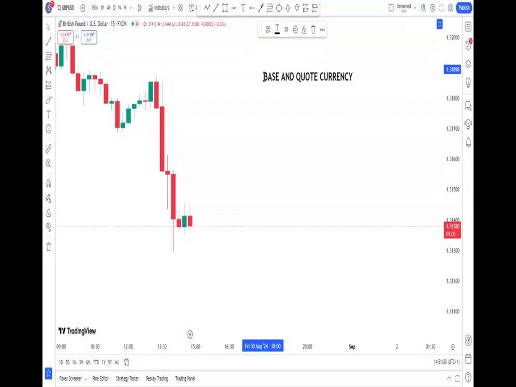This is the first topic we will be talking about, which I did explain. And then the second topic we'll be talking about today is lot size in forex trading. All these things are just for you to have an insight.